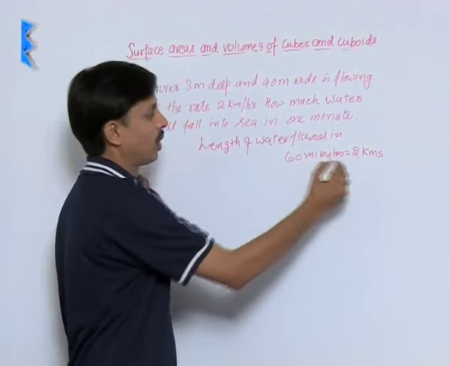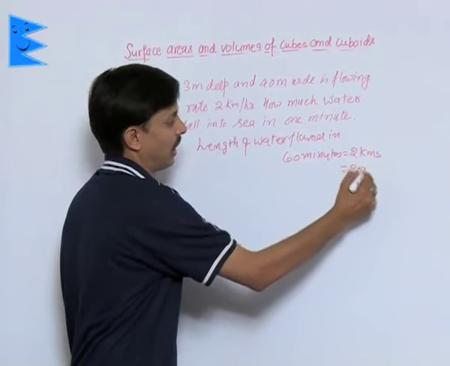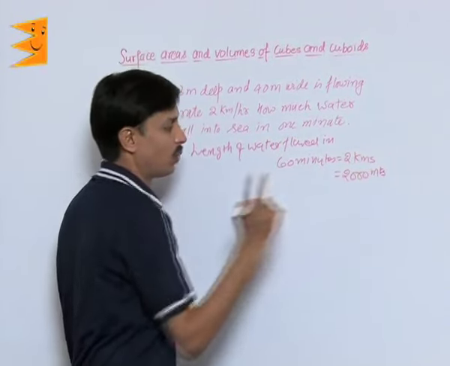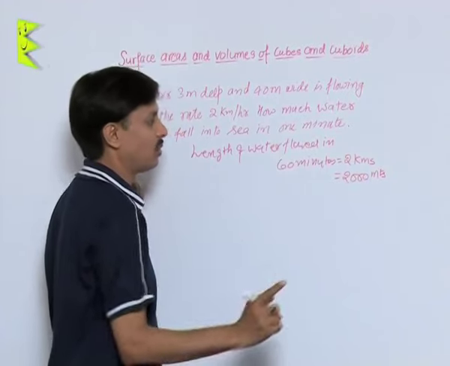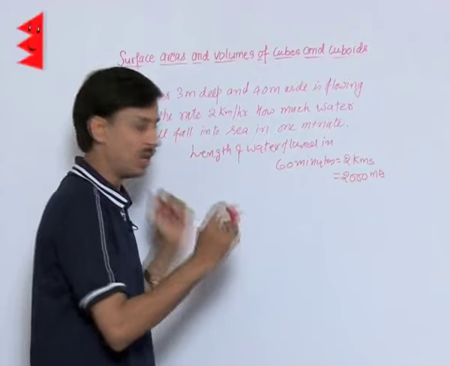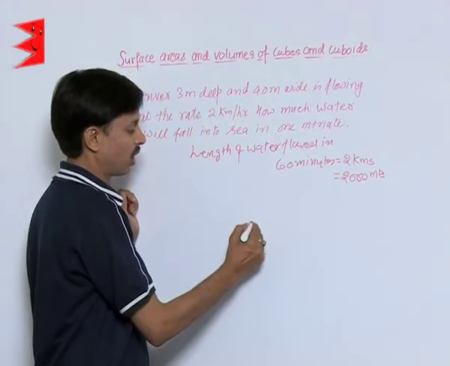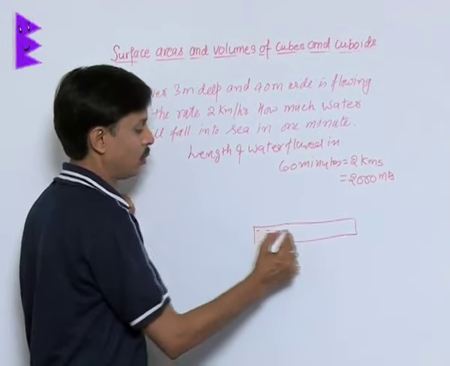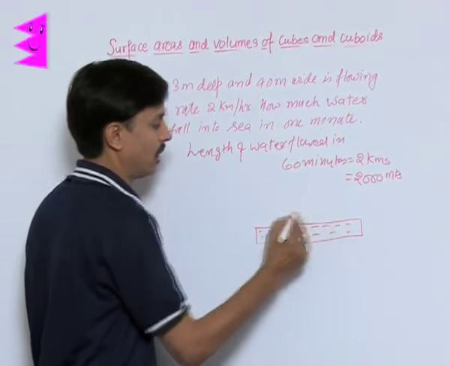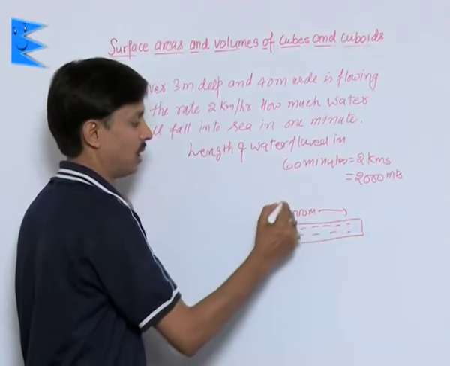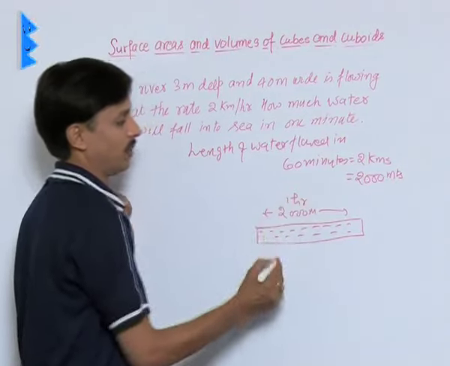I have to write this 2 kilometers as 2000 meters because 1 kilometer is 1000 meter. So 2 kilometers are equal to 2000 meter. That is, water in the river is moving how much? In 1 hour it is moving 2000 meters.